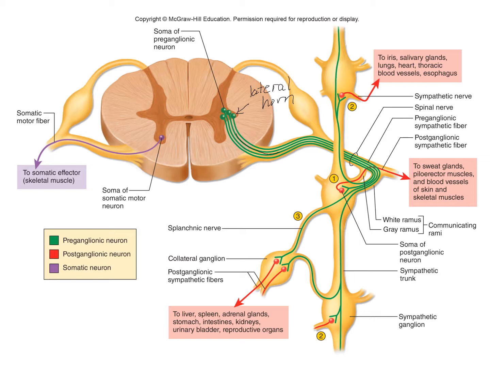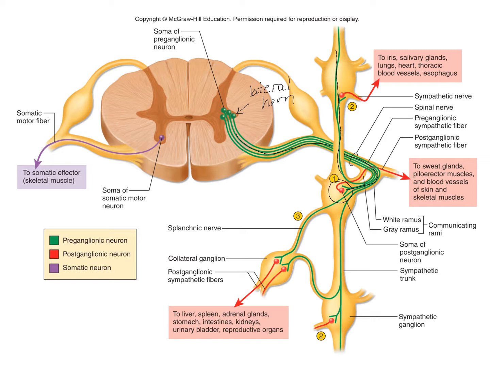We can basically just follow the pathway of these neurons, and you'll see that some of them are going to be synapsing in the chain ganglia themselves. Some of them are going to be ascending this chain, which explains why you have sympathetic fibers innervating parts of the neck and head, for example, and parts of the sacral and coccygeal region.